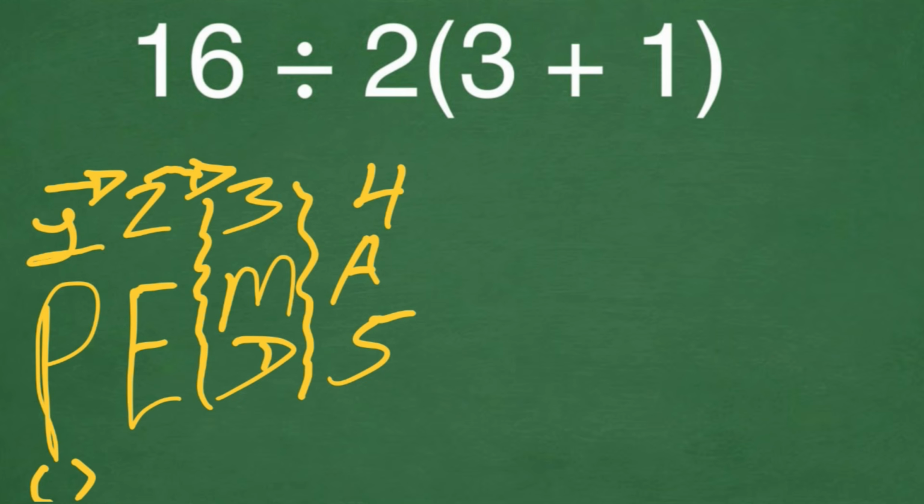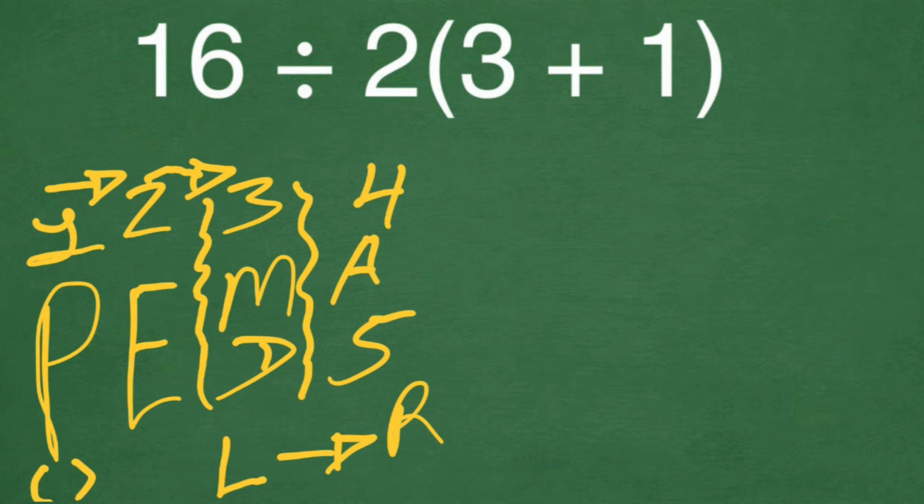They both have equal priority. So for multiplication or division, we are going to solve left to right. We are going to solve the problem left to right, right? We don't prioritize one over another.